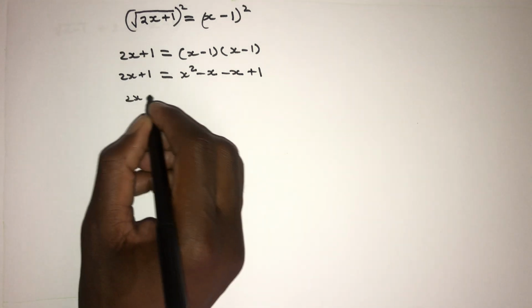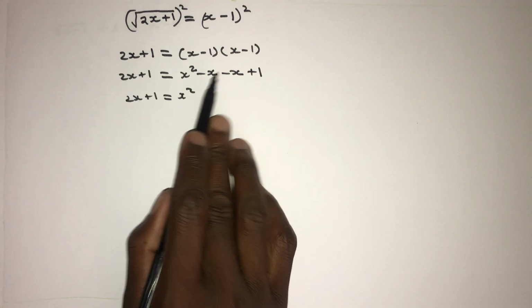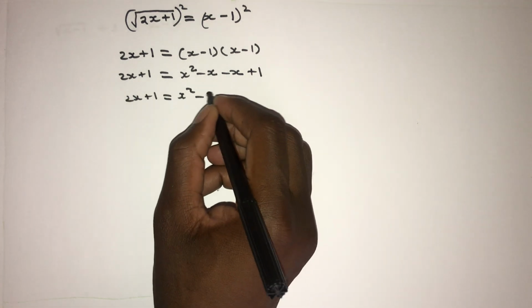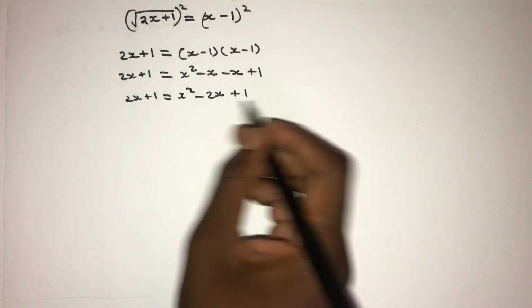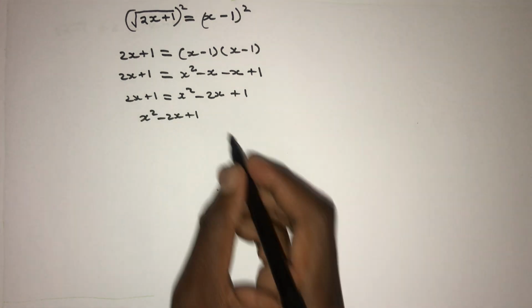So 2x plus 1 is equal to x squared minus 2x plus 1.